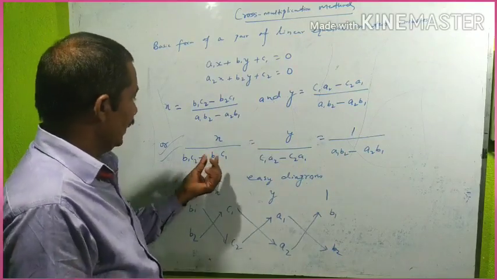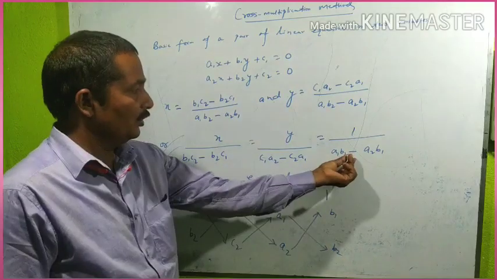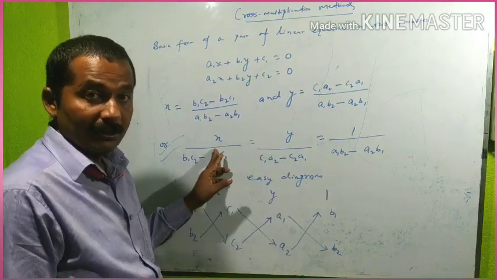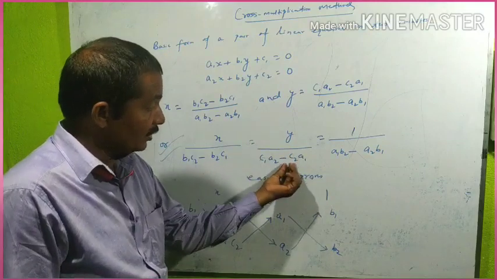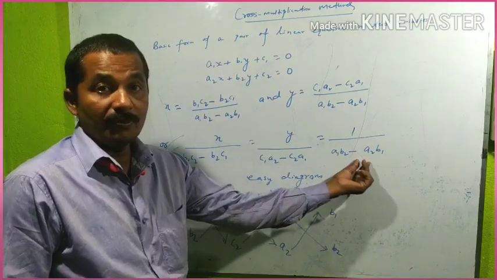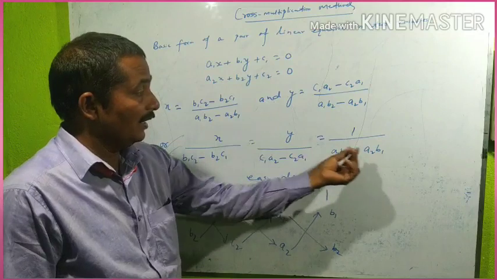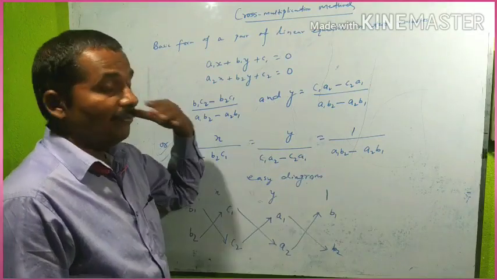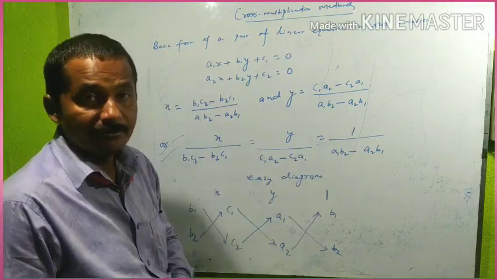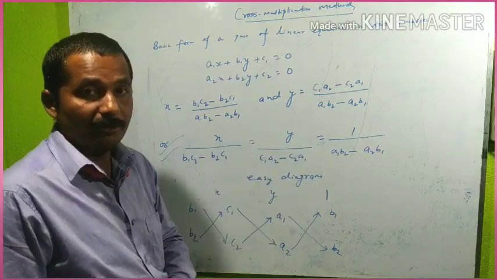If you equalize this one with this one, you will find the value of x. When you equalize this one and this one, you will find the value of y. So this also is a way now.